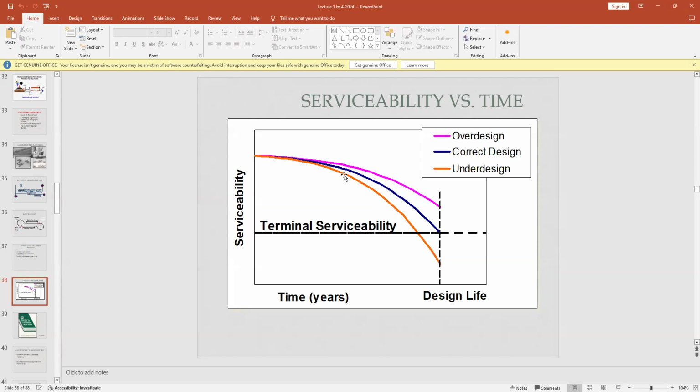The problem is when it fails prematurely at about 50%, then there's a problem. We seldom design over design because economically it's not favorable.